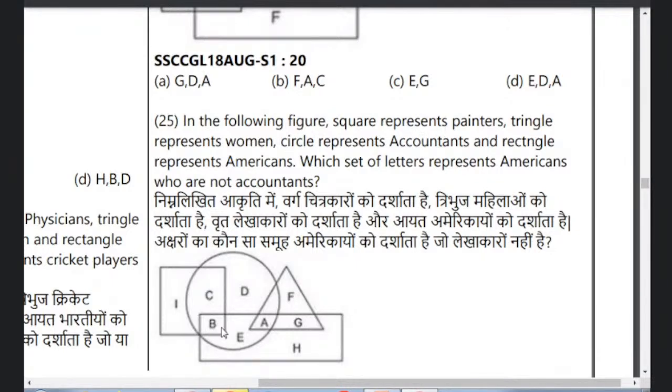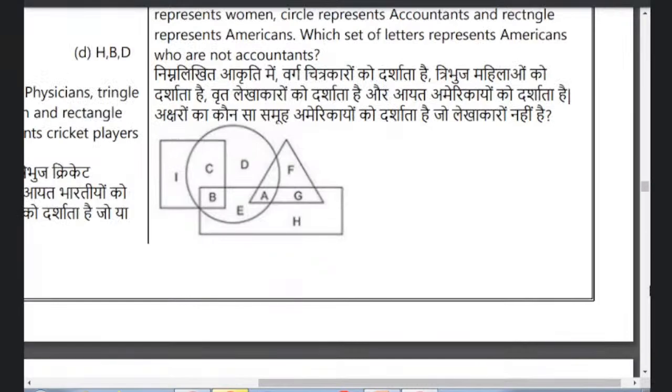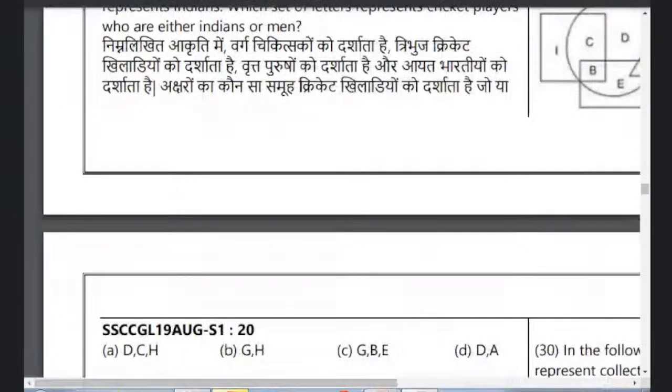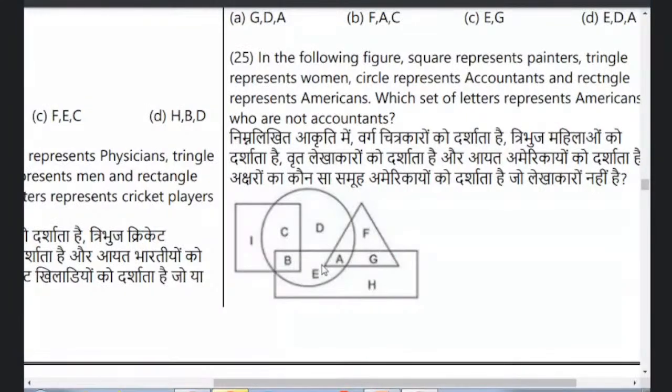Circle. So B, A, E are all accountants as well as Americans. So we have to find the American but not the accountant: G and H. Option B is the correct option. G is the American, but not the accountant, so this is also okay.